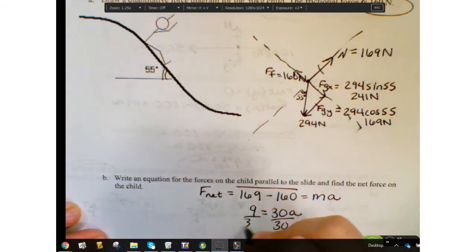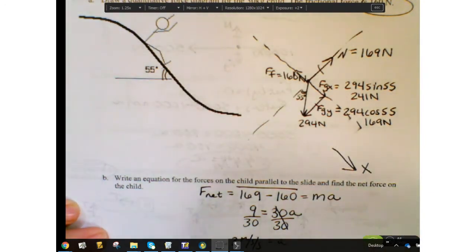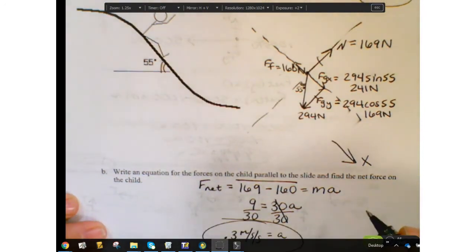When I divide by 30, I get an acceleration of 0.3 meters per second squared, and that is assuming that this general direction is positive. This was part C.